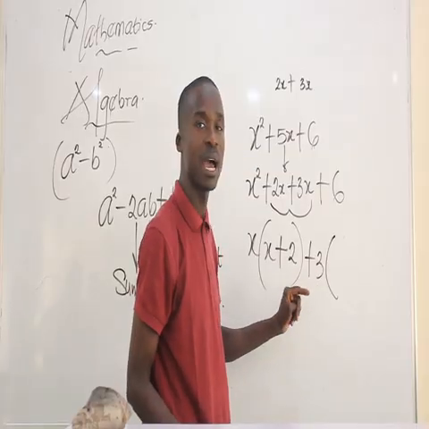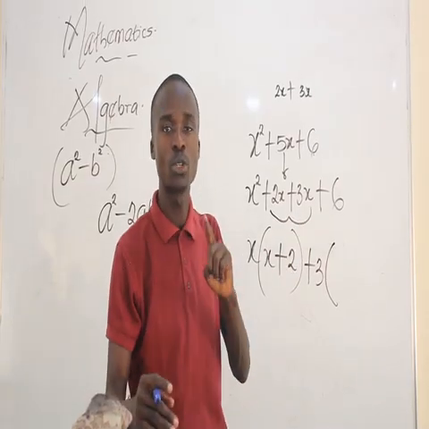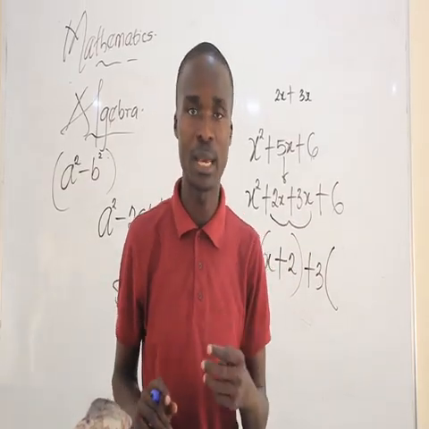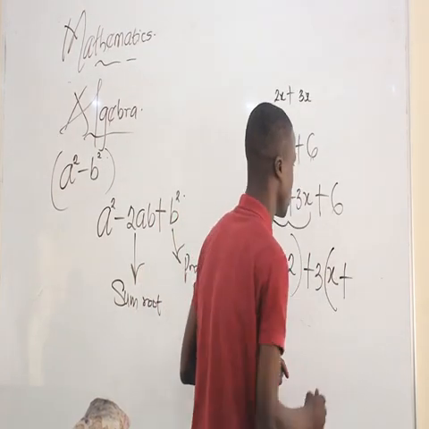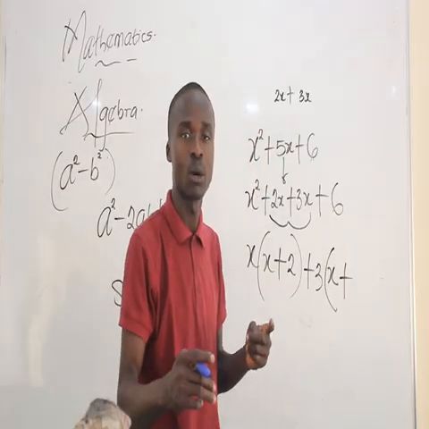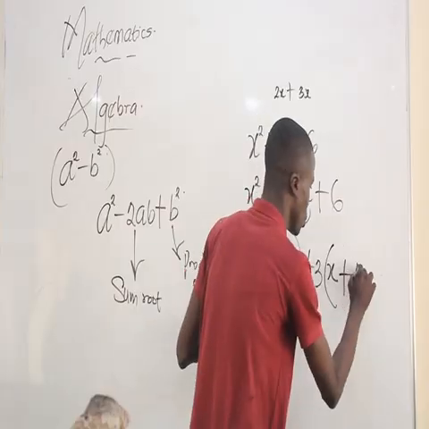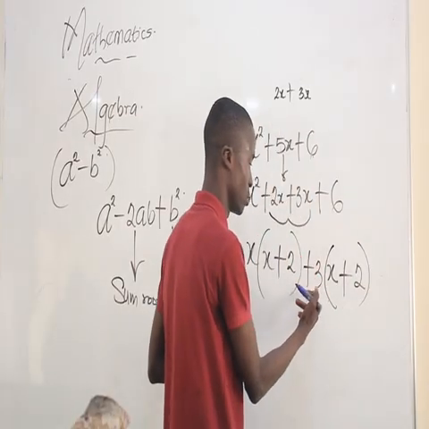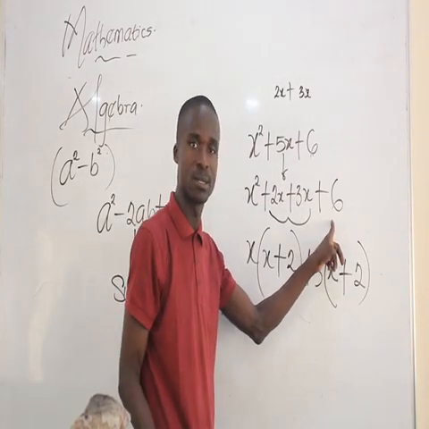Now what will you multiply by 3 to give you 3x? What you will multiply by 3 to result to 3x is x. So you have x plus, what will you multiply by 3 that would result to 6 is 2. You have 2 because plus 3 times plus 2 will give you plus 6.